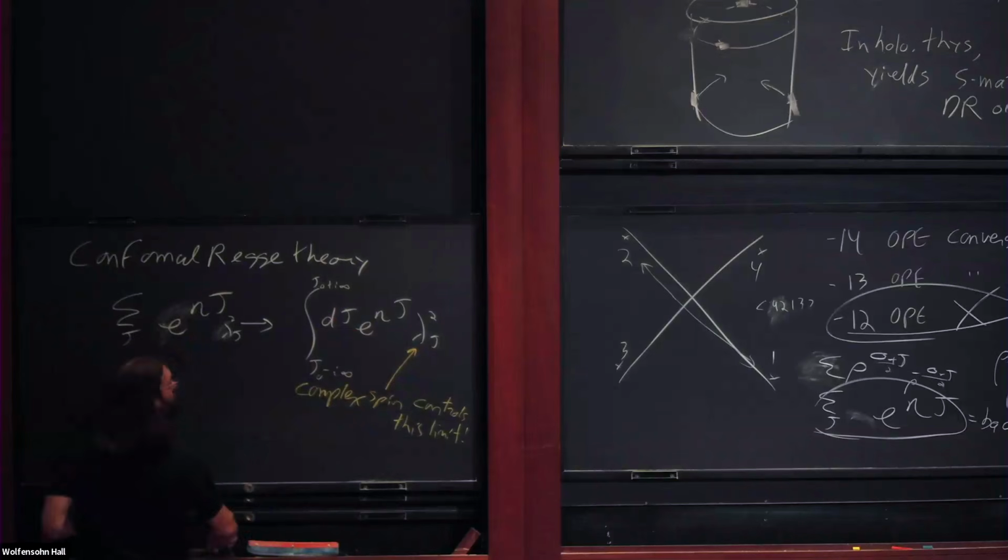The main way it's used is that you take discrete operators, and they have to combine into Regge trajectories.